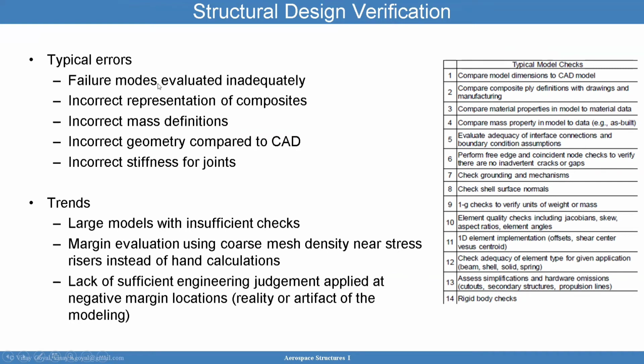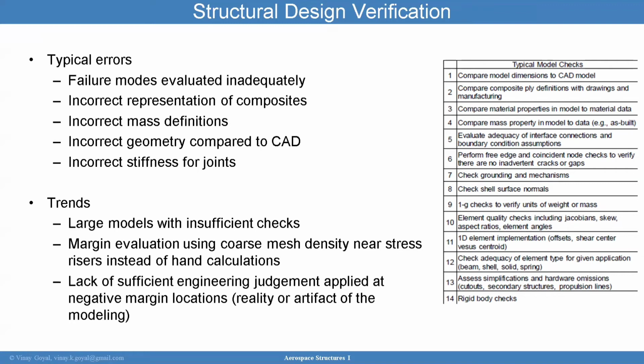So say a very important failure mode is fiber failure, but all you did was to evaluate some other failure mode like delamination, and you didn't pay attention to that failure mode. That could be a typical error. Incorrect representation of composites, putting the wrong ply angles or the wrong thickness, can be a problem. Mass definitions are incorrect.